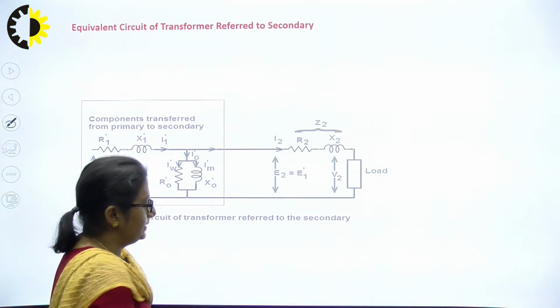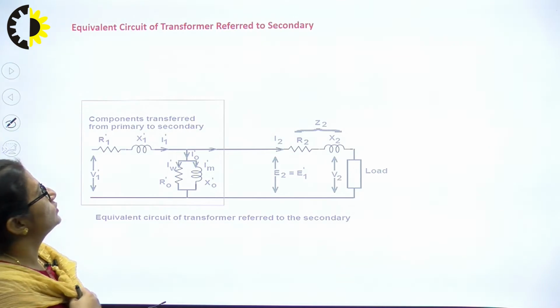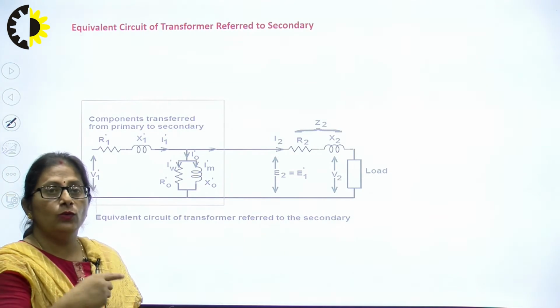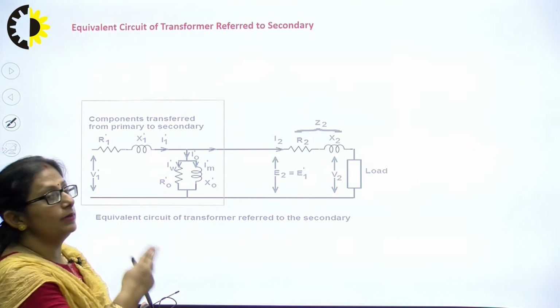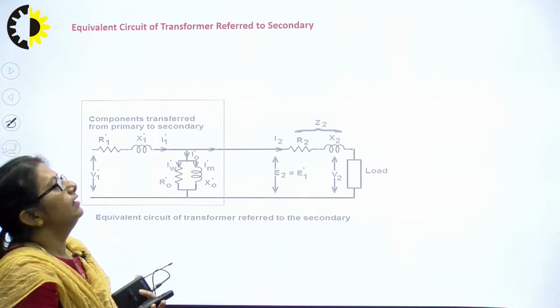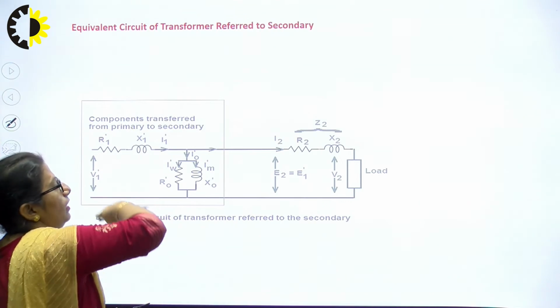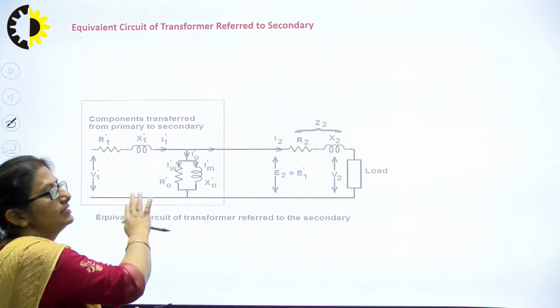Now, coming to the next, the equivalent circuit of the transformer referred towards the secondary side. This time we are going to do the opposite. This is the third equivalent circuit. In this case, we are referring the complete primary of the transformer towards the secondary side.